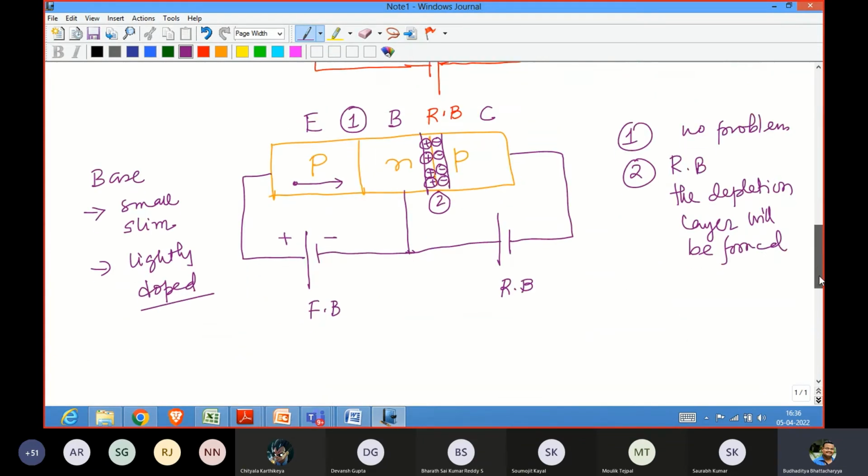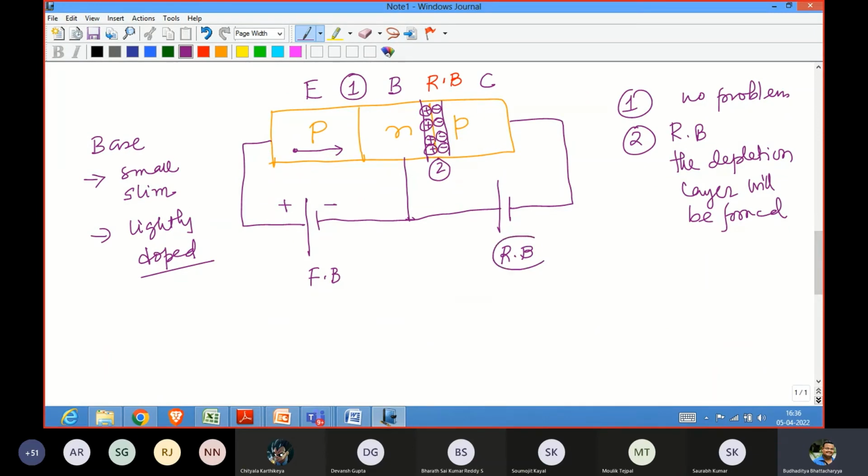okay? But this reverse bias is nothing but VCB, the collector to base terminal. As we go on increasing this reverse bias, VCB as per our terminology, and this forward bias is nothing but VBE. So as we go on increasing VCB, what will eventually happen?